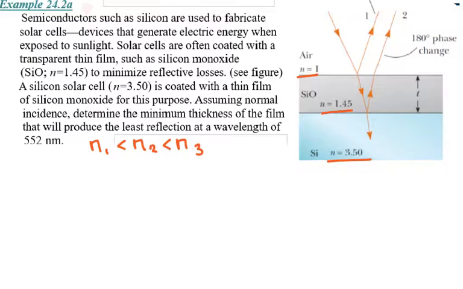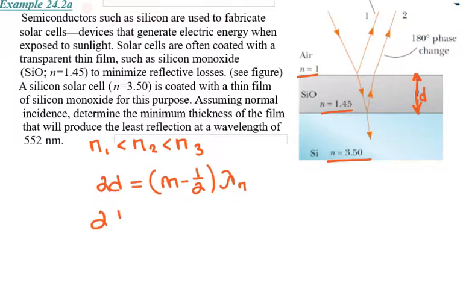So in this case, for destructive interference, we have 2 times the distance of the thin film, which I'm going to call d, equals m minus or plus 1/2 times the wavelength in that medium.